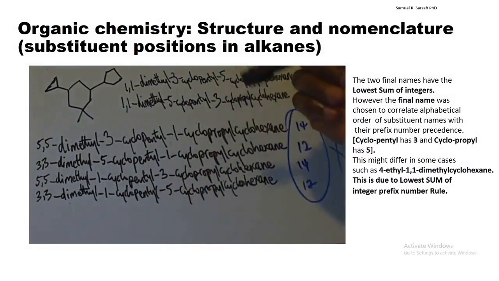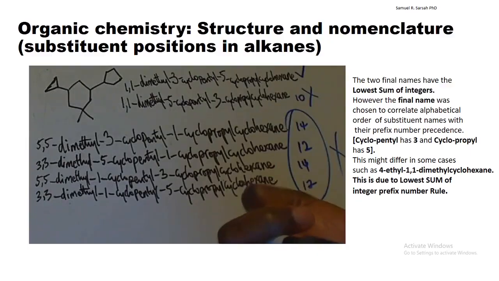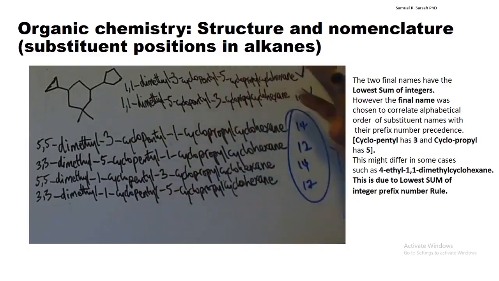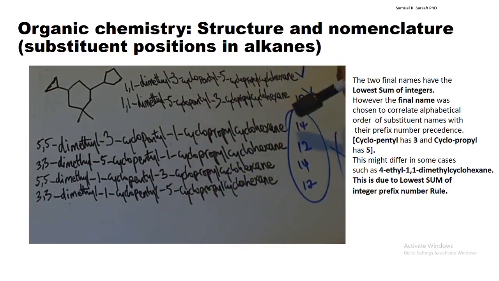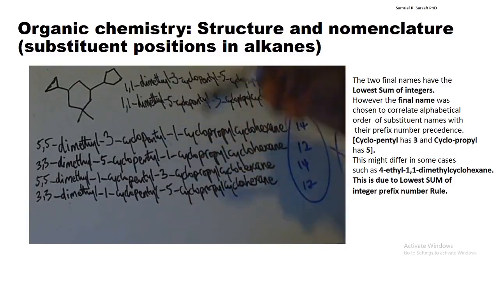Okay, so I wanted to summarize the nomenclature for naming alkanes. This is also similar to every other functional group. So looking at all this, there is an easier way.